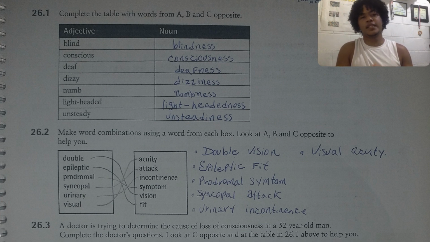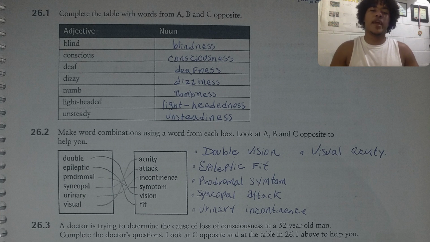Chapter 26, The Nervous System 1. Exercise 26.1. Complete the table with words from A, B, and C opposite. Adjective, noun. Blind, blindness. Conscious, consciousness.